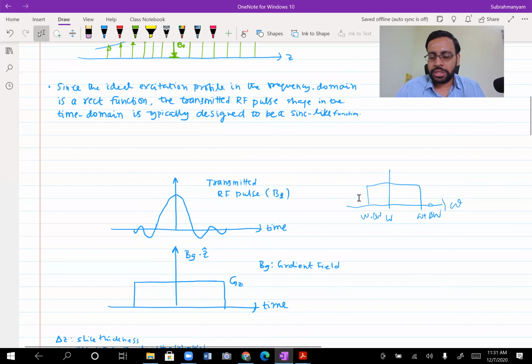By the way, just to give a pointer, this would depend on the kind of pulses you are using, because the shape of that would decide the bandwidth with which you could acquire the signal. We will not go into those details, but assume that we fixed the kind of shapes of the RF pulses that we are going to transmit here.